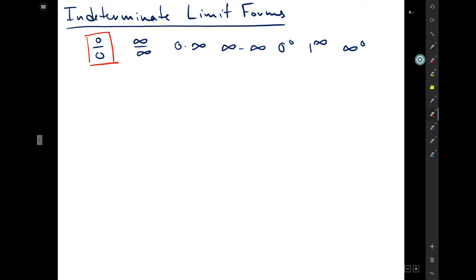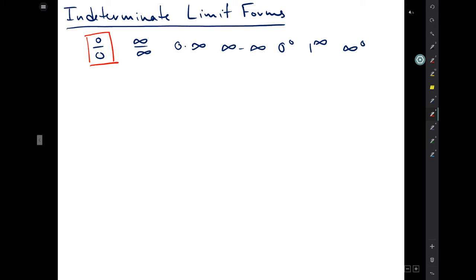If you go back and look at those limits, if you just try to plug in the value for x, this is the expression that you get, and it doesn't make sense. Some other ones that we'll talk about later are infinity over infinity, 0 times infinity, infinity minus infinity, 0 to the 0th power, 1 to the infinity, and infinity to the 0. All of these are indeterminate.